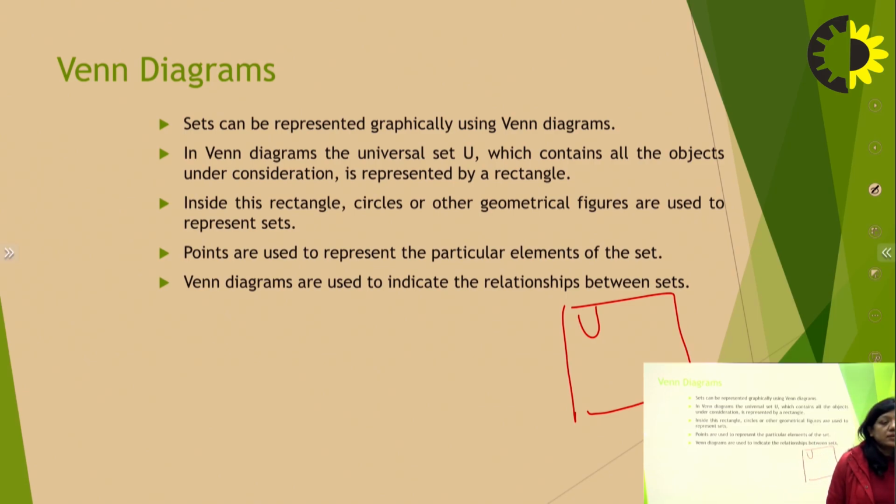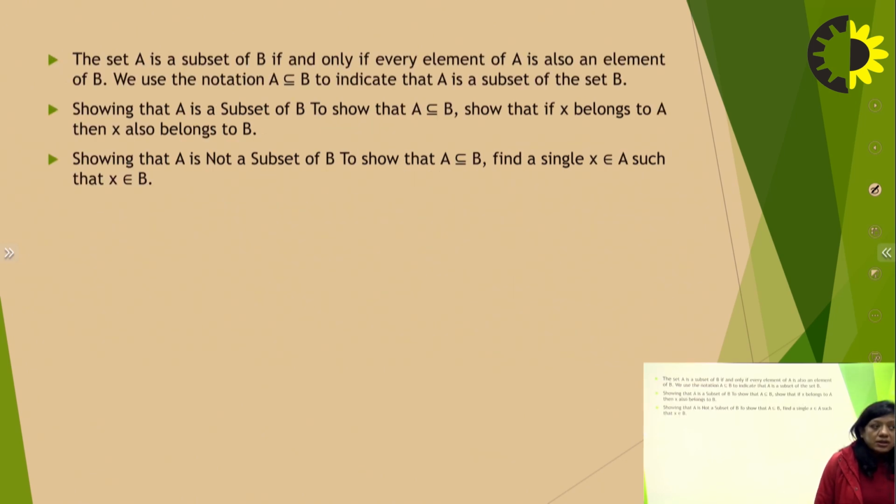Inside the rectangle, circles or other geometrical figures are used to represent sets. Points are used to represent particular elements of the set. Venn diagrams are used to indicate the relationship between sets. The set A is a subset of B if and only if every element of A is also an element of B.